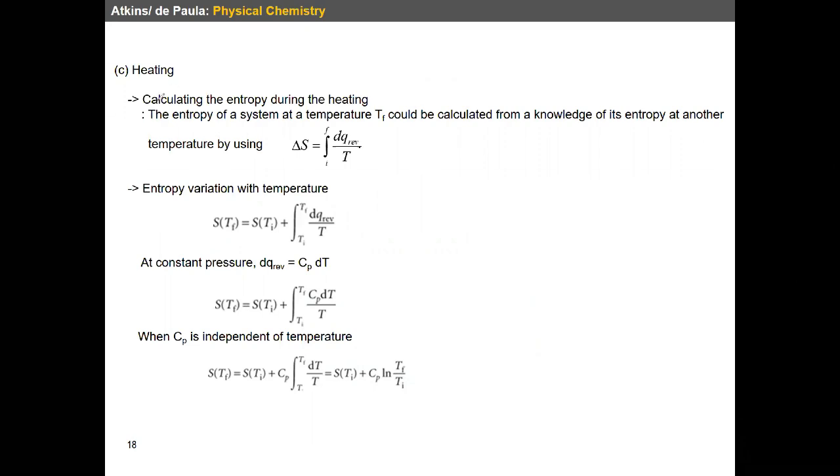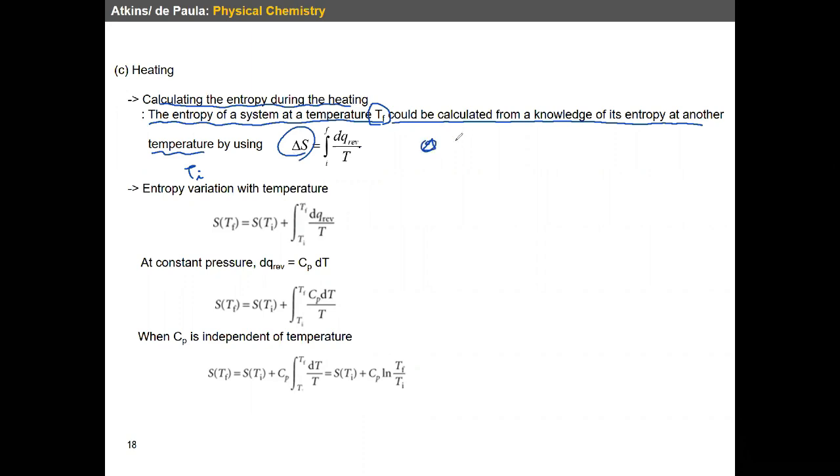So let's calculate the entropy during heating. The case is like this. The entropy of a system at a temperature Tf could be calculated from a knowledge of its entropy at another temperature Ti by using this kind of equation, right?